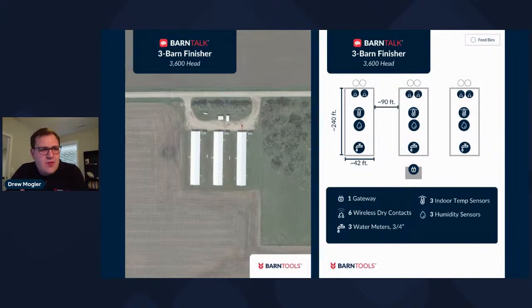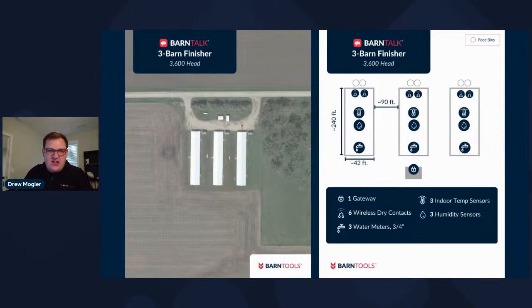In this case, that's where we would want to install our BarnTalk gateway. It's going to monitor power from that standpoint. If you do have a pressure sensor in there for monitoring whether your well is pumping water, we would be able to integrate that into the dry contacts in that BarnTalk gateway.